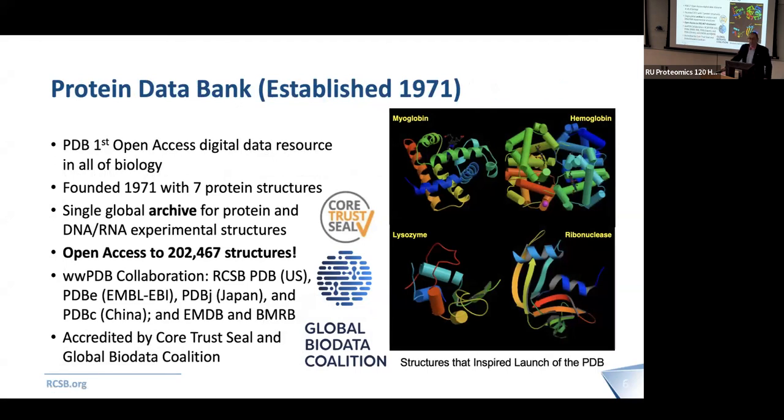Those last two are specialist resources for different technologies. It's not an exaggeration to say that the Protein Data Bank has been the vanguard of the open access data movement in biology since its inception in 1971, and it's been accredited both by the CoreTrustSeal and most recently was designated by the Global Biodata Coalition as a global core biodata resource critical for the biodata infrastructure worldwide.